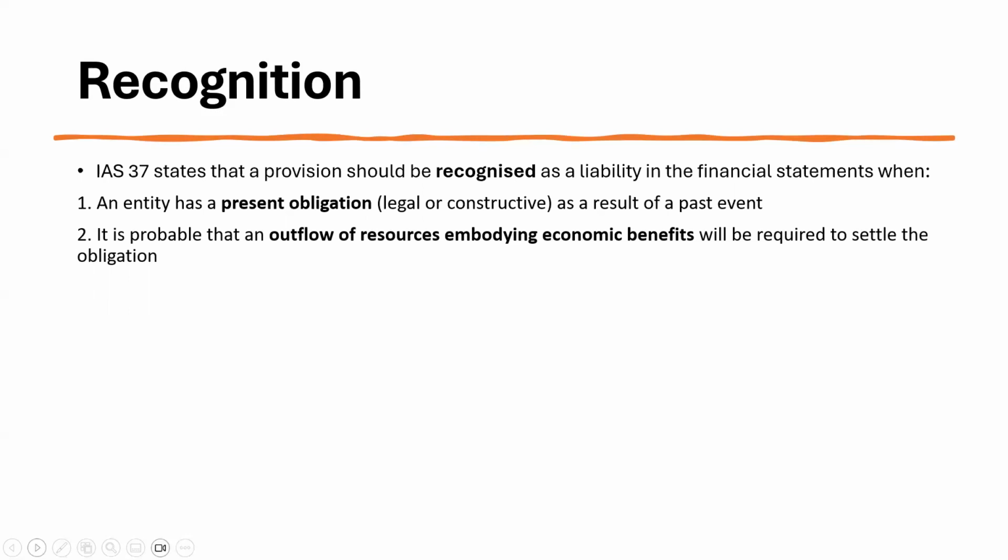There's a level of probability. It has to be probable. Probable shall mean more than 50%, more than 50% chance that an event will occur. There has to be that level of probability. Number three, a reliable estimate can be made of the amount of the obligation. If these three conditions are not met, that is something else. That is something that is not discussed under IAS 37.